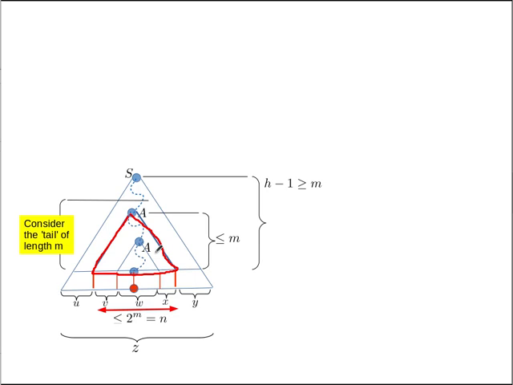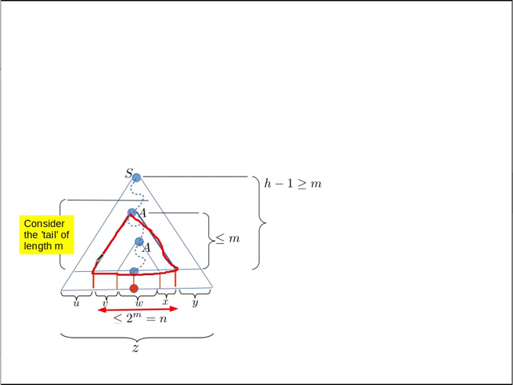Now if you consider this subtree, in this subtree also, by this CNF rule, all the internal nodes have degree exactly 2, and if it is a leaf, then it has degree 0. So then this part can't be more than 2 to the height of this part. The height is m, so the base contains at most 2 to the m many nodes.